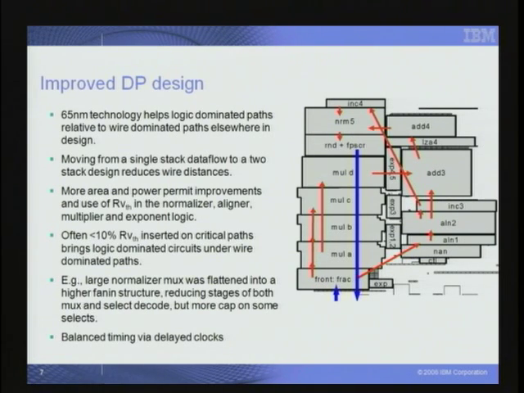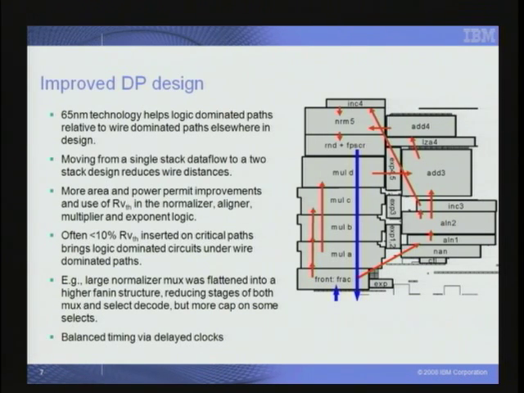To do that, if you remember on the previous slide, we had a single stick of double precision unit going straight up. Now we have this two-column floor plan where the inputs go in and the result comes out sort of the same place. And this organization of blocks cuts a number of the long wire paths within the unit by significant fractions.